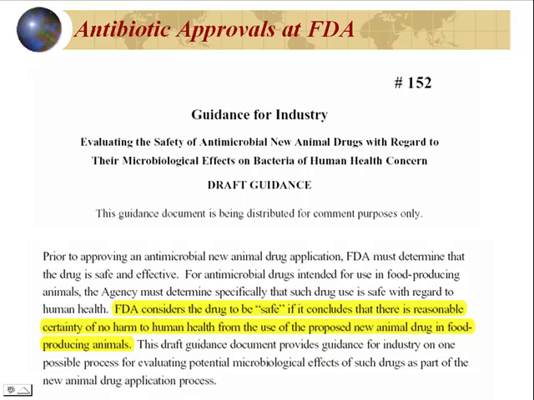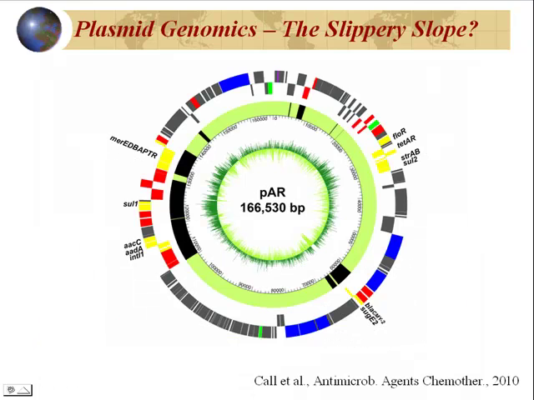So we struggle to try to figure out how to convince FDA of a drug's safety or lack of risk based on this definition of reasonable certainty of no harm. And because of that, we also get stuck in this situation. You probably have no clue what you're looking at, this nice pretty picture. This is a plasmid within a bacterium.